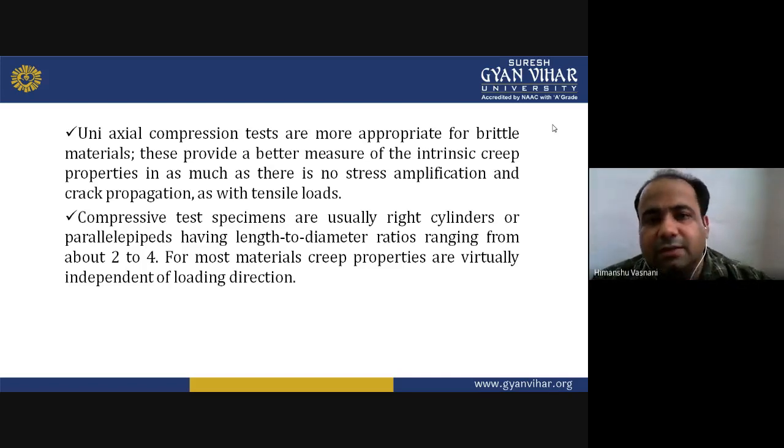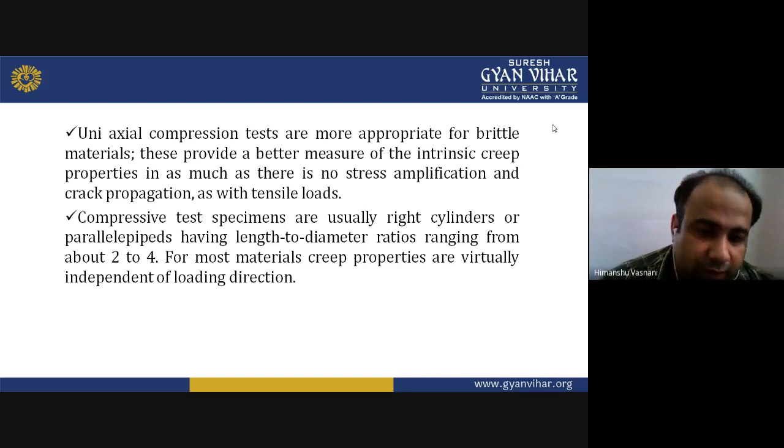So the understanding is that for brittle materials, uniaxial compressive tests are more effective. Compressive test specimens are usually right cylinders or parallelepipeds having a length to diameter ratio ranging from about 2 to 4. For most materials, key properties are virtually independent of loading conditions.